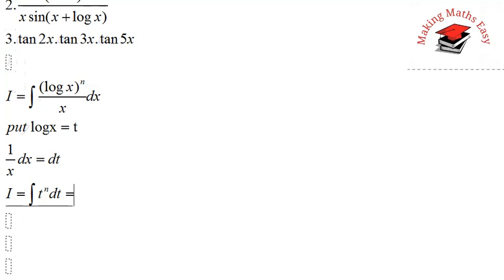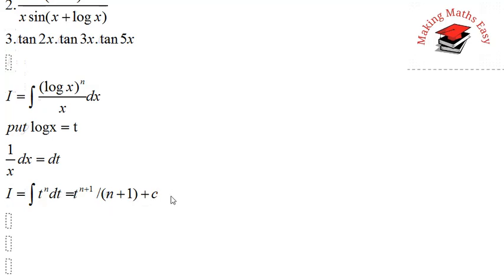So the integration of t raised to n with respect to t is t raised to n plus 1 divided by n plus 1, plus c, where c is the constant of integration. Now we will resubstitute the value of t.